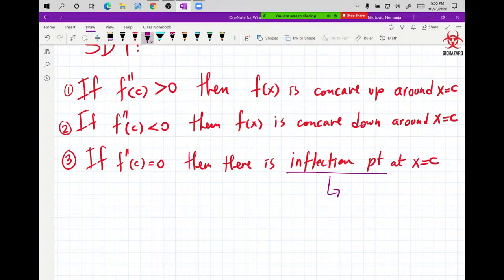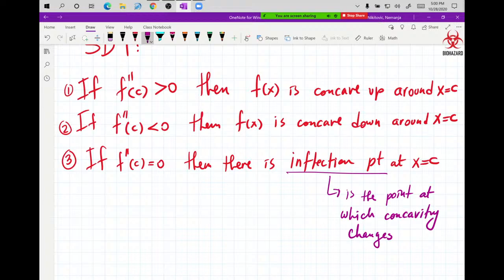An inflection point is the point at which concavity changes. So we are going to find the second derivative, set it equal to 0, find the point at which concavity changes, and we are going to do partition.